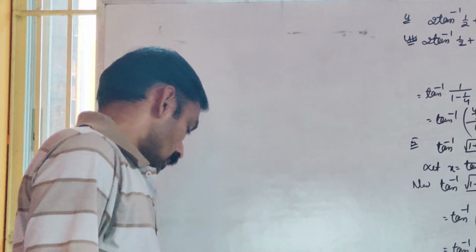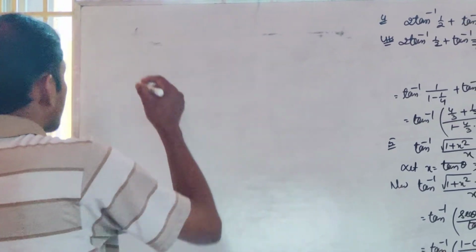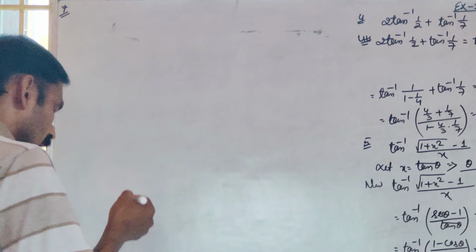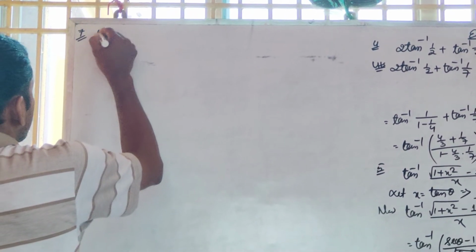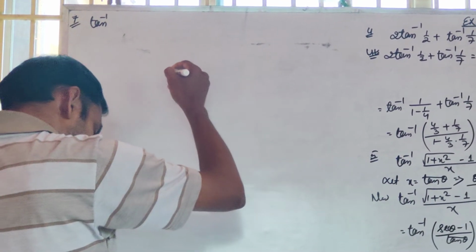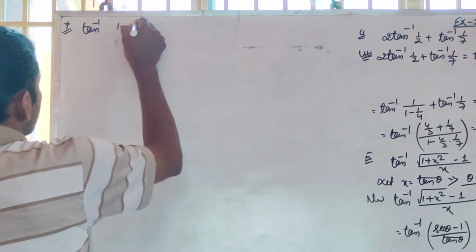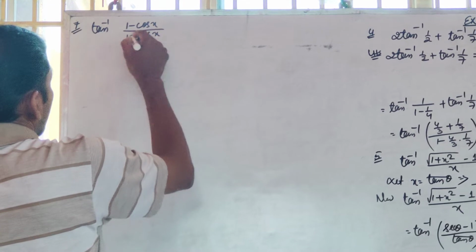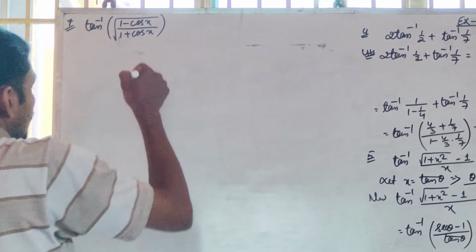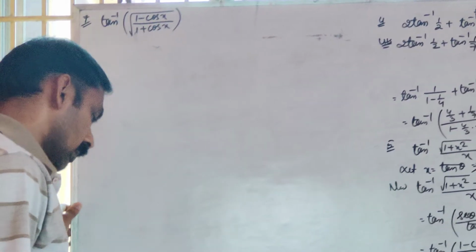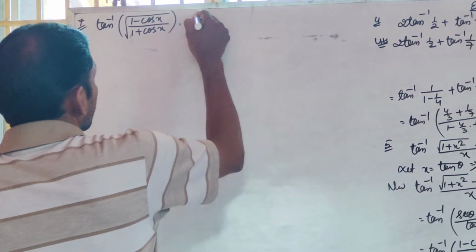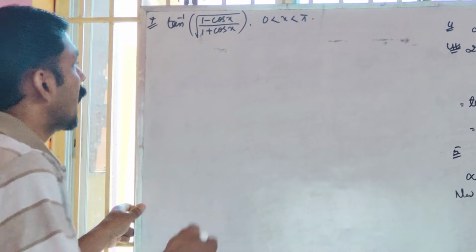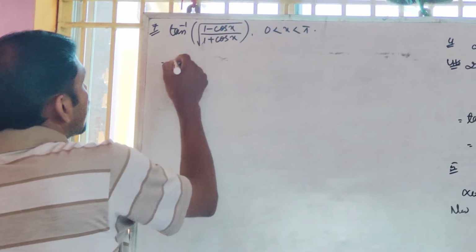Now question number 7. It is also to write it in simplest form. It is tan inverse of square root of (1 minus cos x by 1 plus cos x). Here 0 is less than x is less than pi. Now here directly you can use the formula.